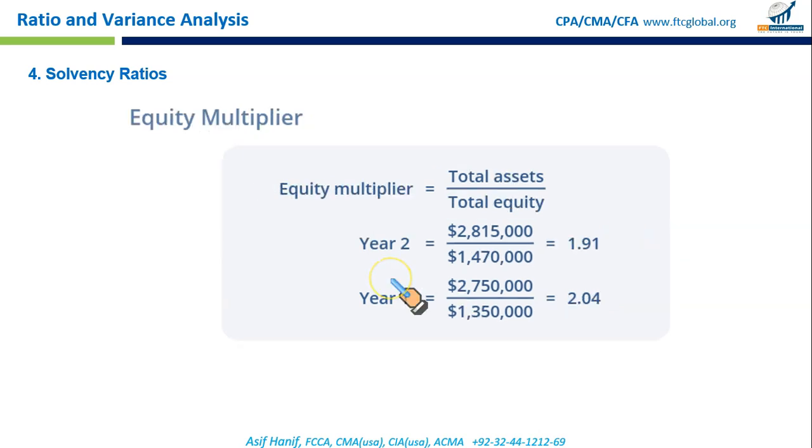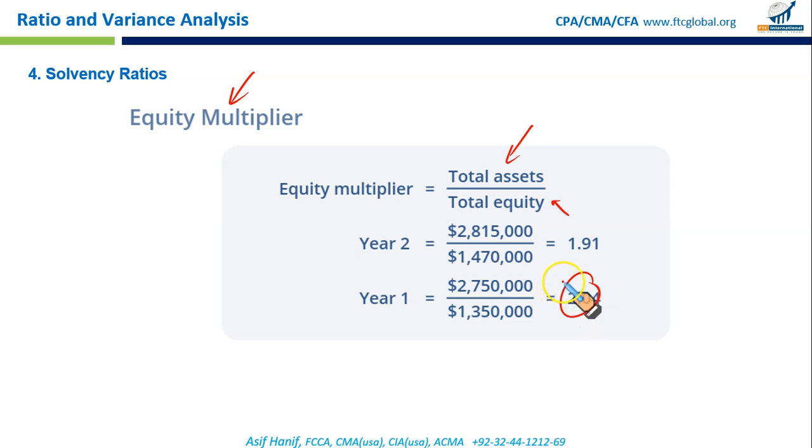Next, we have a very important measure, the equity multiplier. The equity multiplier basically shows how much of a company's assets are funded by its shareholders' equity. It helps us understand how much debt or leverage a company is using to finance its assets. So we take total assets and divide by total equity. Last year, it was 2.04. What does this tell us? It shows that for every $1 of equity, the company had 2.04 in total assets.